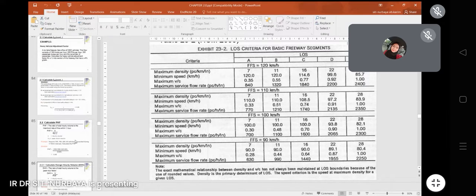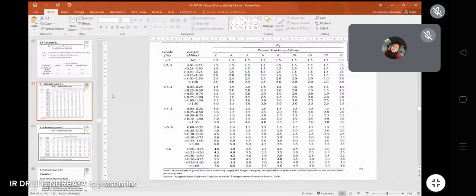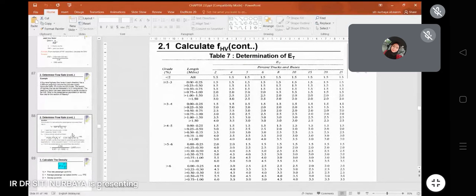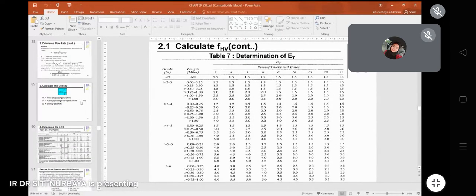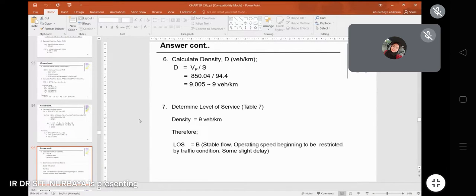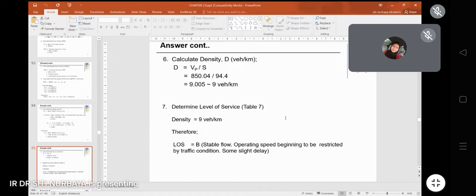I think I made a mistake looking at the wrong table 7. It is supposed to be table 23-2. Please take note. Alright, can you follow how we determine the LOS? Can you follow, class?